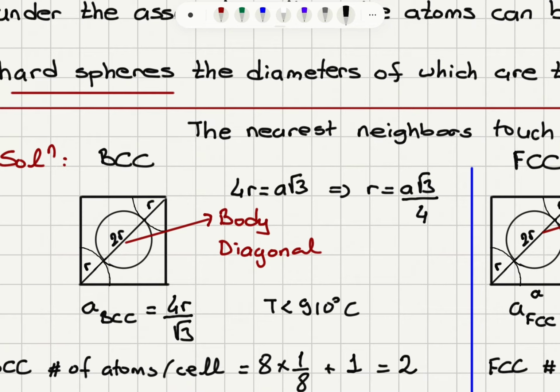Those are the atoms on opposite sides of the body diagonal at the corners and the one at the body center. The distance from one corner to the other corner on the opposite side of the body diagonal is a√3, where a is the lattice constant here. So we can see that the radius of one of these spheres should be a√3 over 4, or the lattice constant for the body-centered cubic structure is 4r divided by √3.